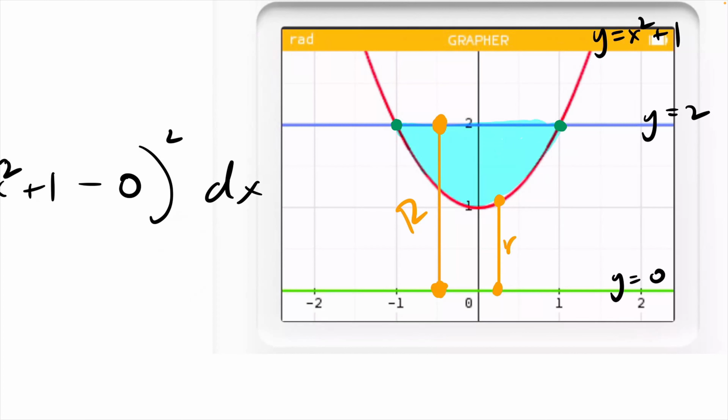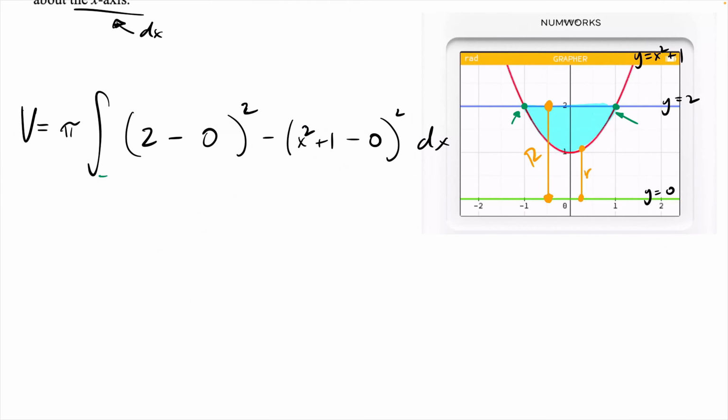Left and right bounds, right? So do I want the x value or the y value for these guys? The x, because it's dx. So what is the x value for the left dot? -1. So you're going to go over there, and you're going to put -1. What is the x value for the right dot? +1.